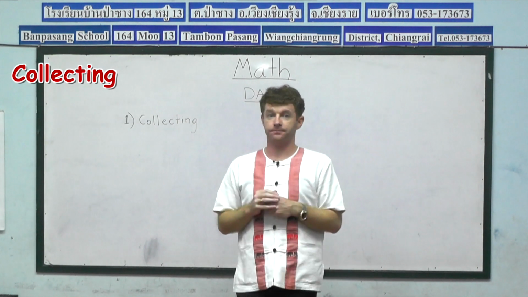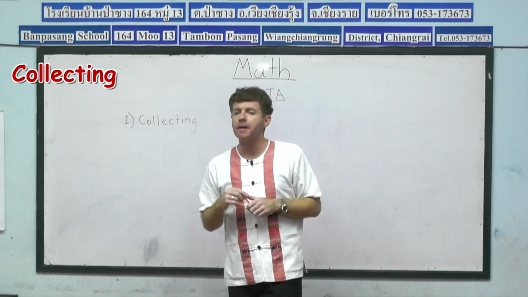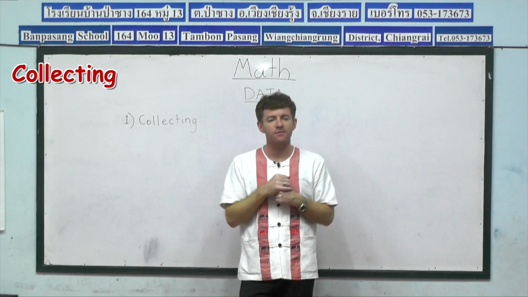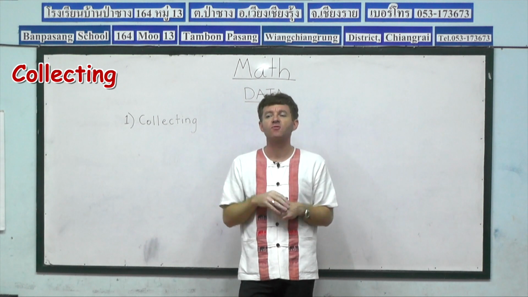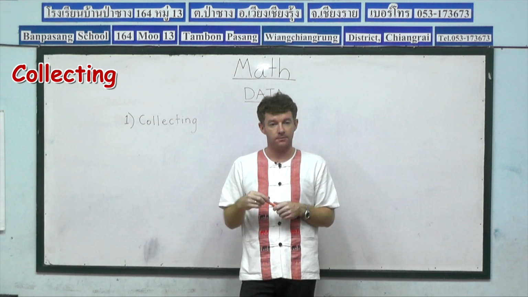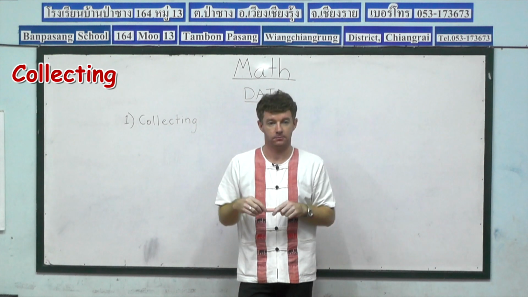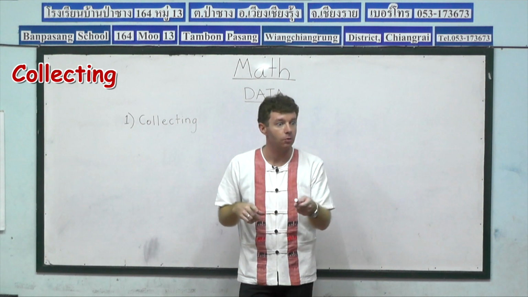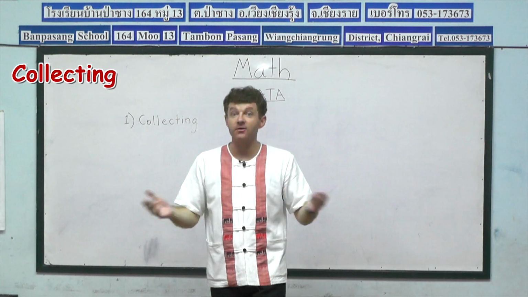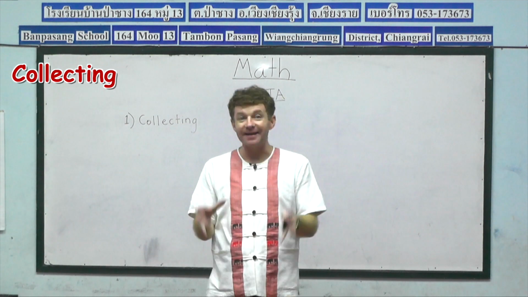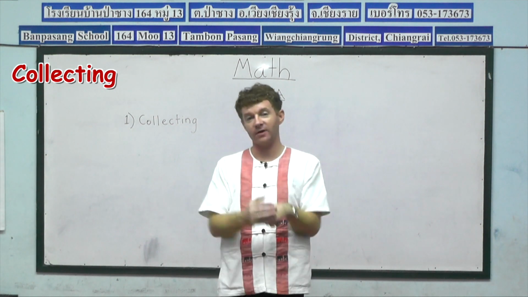Collecting data. Now, who can remember when we were collecting data, what was the main thing we had to do to collect data? What do we ask? Beginning with Q. Questions. If we want to collect data, we need to ask questions.